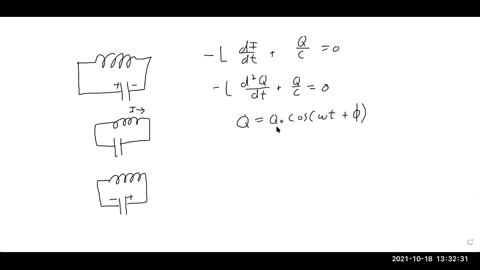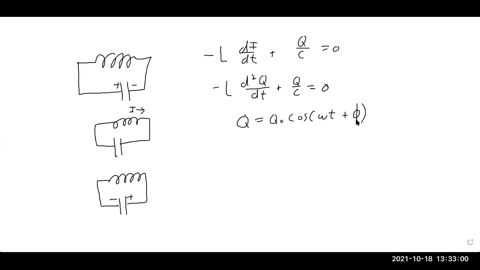So the charge that you're going to get across the capacitor at any given time is going to be proportional to the starting charge. You don't start with any charge. It's not going to build up from nothingness. You start with no energy stored in either the capacitor or the inductor. Q equals Q0 cosine of omega t, where omega is our angular frequency, plus our phase shift phi.